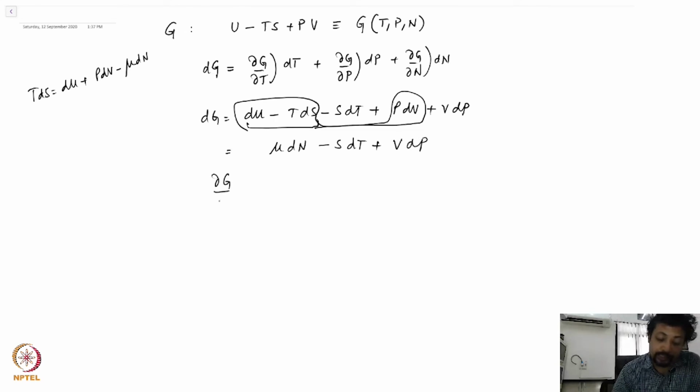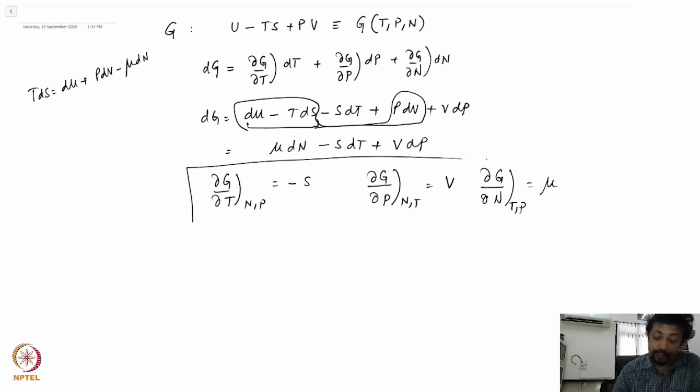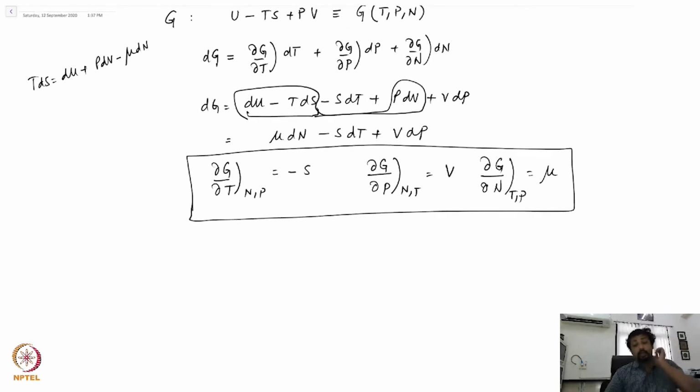So that del G del T, N and P held constant, is minus the entropy, del G del P, N and T held constant, is the volume, and del G del N, T and P held constant, is the chemical potential. These are the derivatives which are of interest over here.